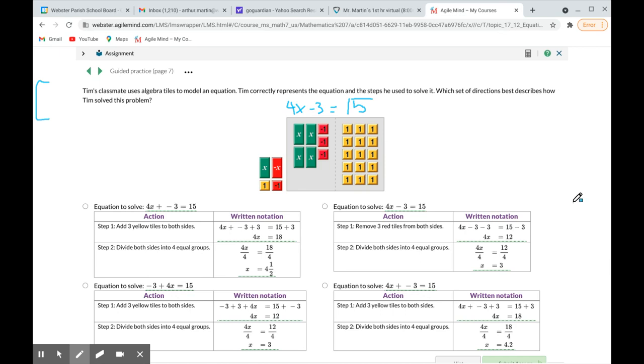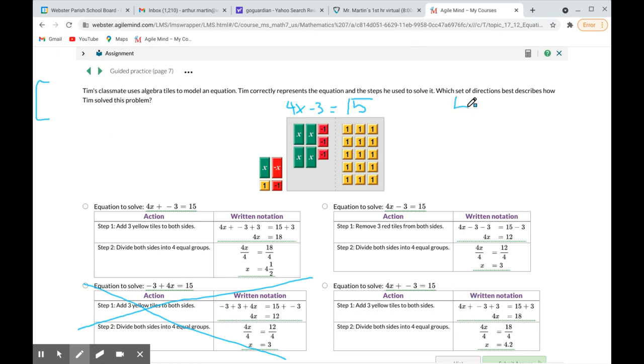All right, so looking at our equations, what are the ones that it can't be? Or there's one that it cannot be. Which one is it not? It can't be that, can it? Yeah. All right, so we got 3 possible ones that it could be.